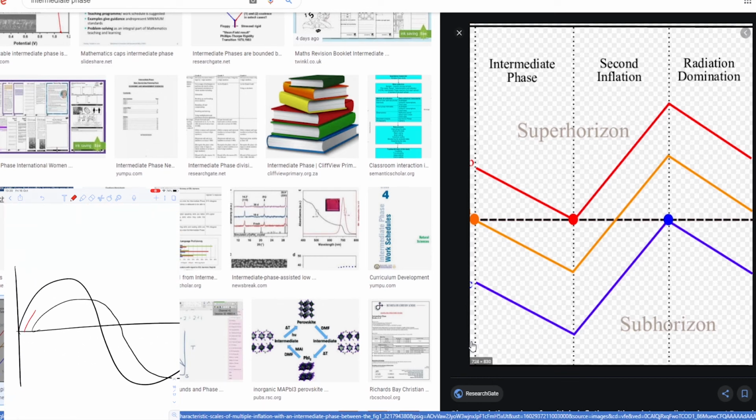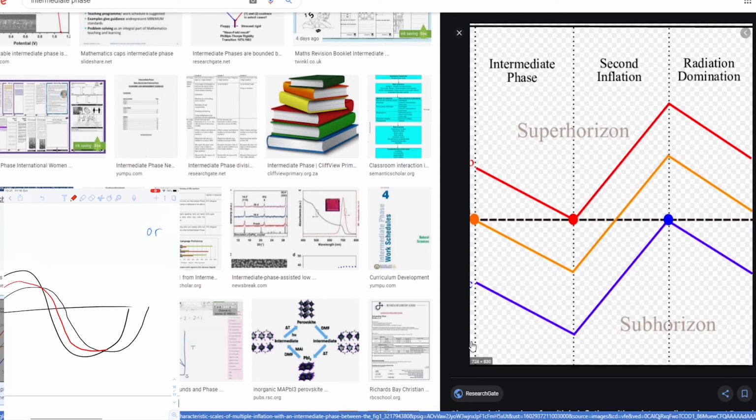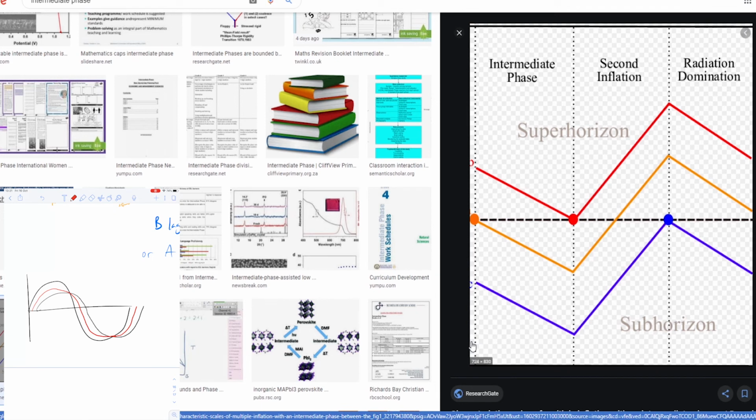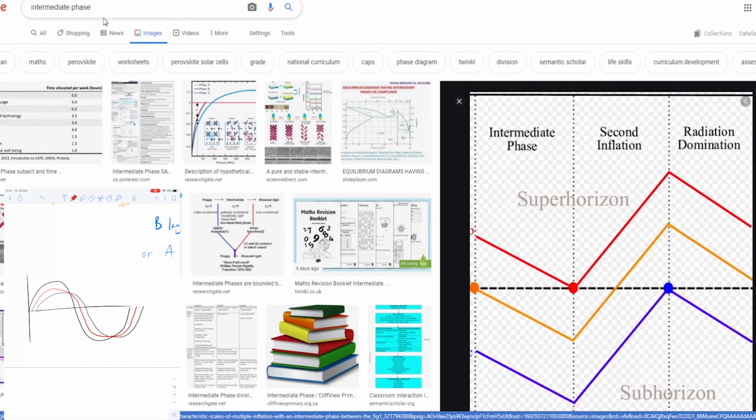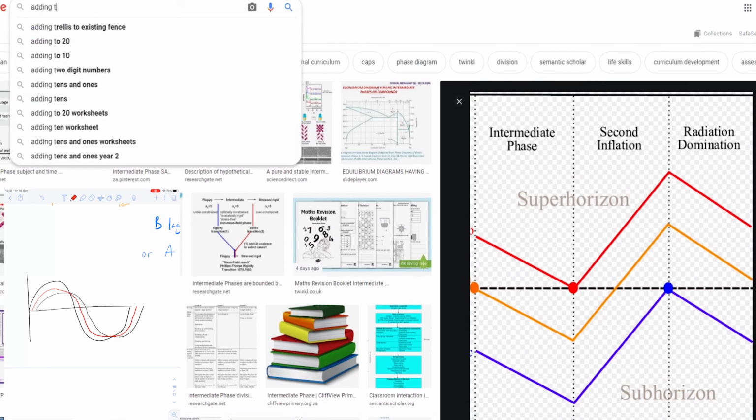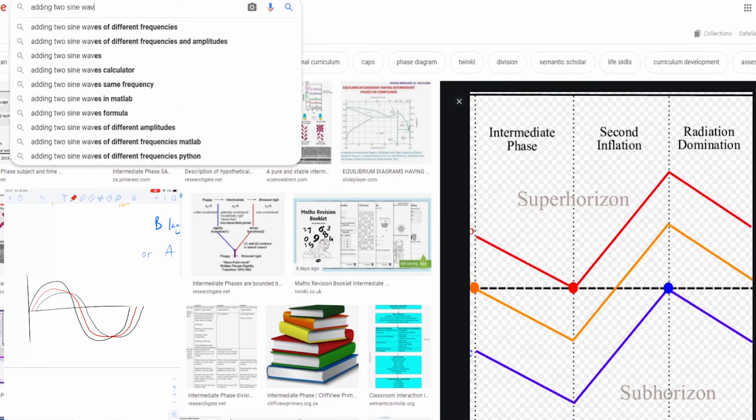So here, when you add them together, you'd be in the middle here. Like this, right? But if this is correct, I'll end this video here. Is that right? If that's right, let's just Google adding two sine waves.